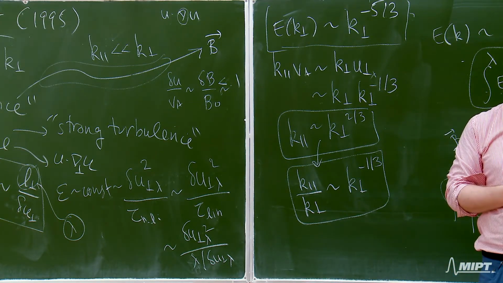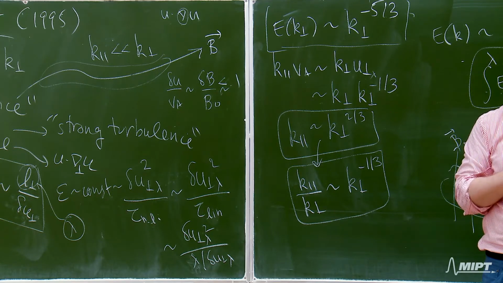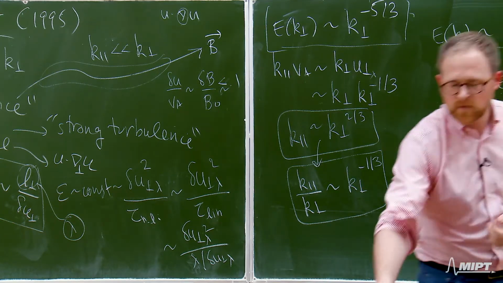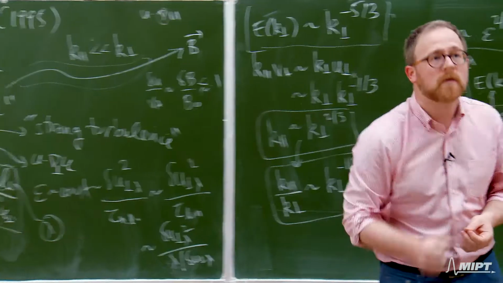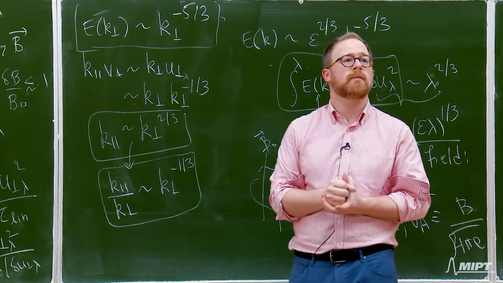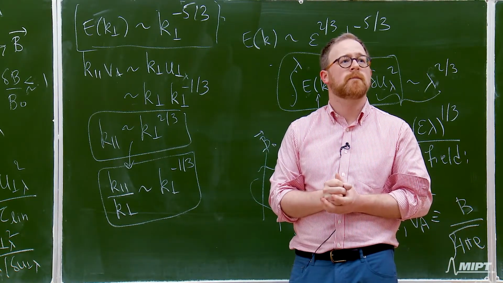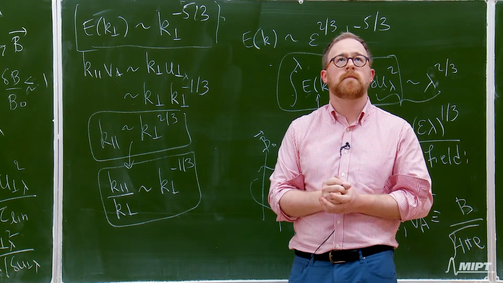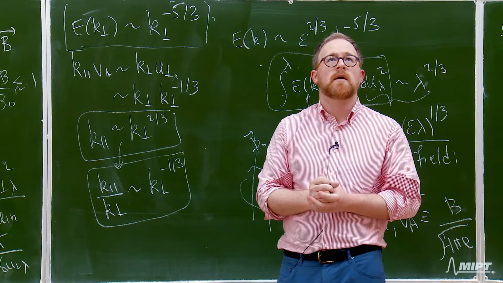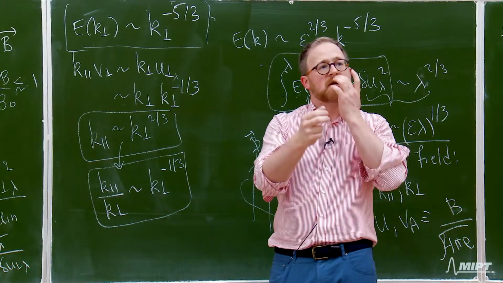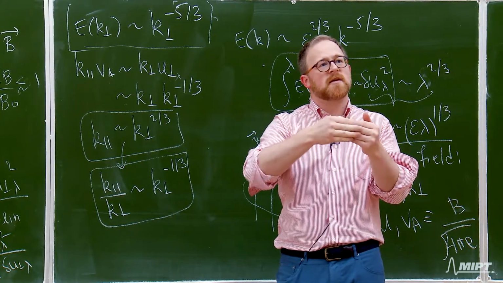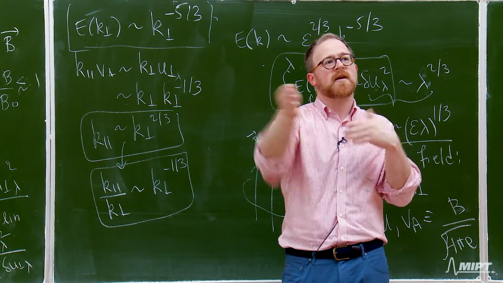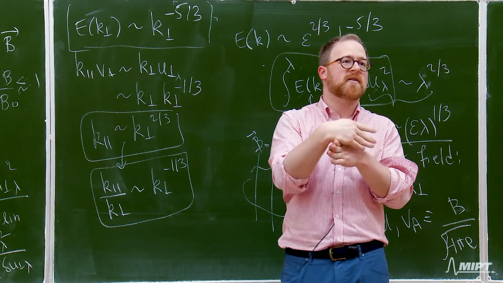Yeah? Then you would have these turbulent eddies in a preferred direction. Yeah. And they would be perpendicular to the field line? So each eddy would be described by a k parallel, which is telling you its extent along the field, and a k perp, which is telling you its extent across the field.